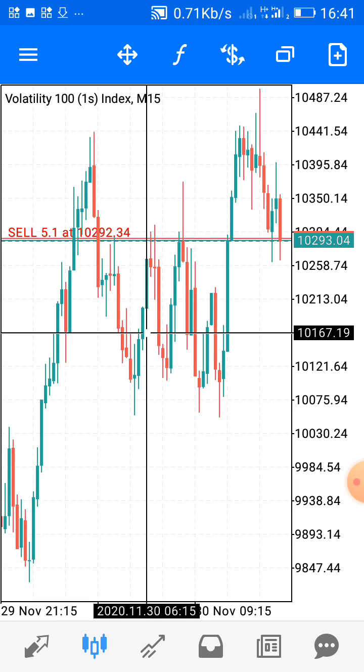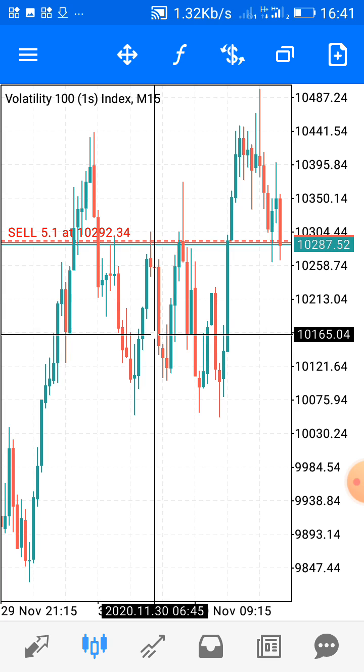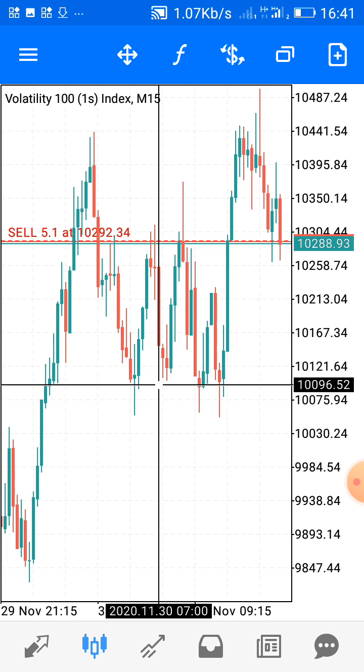So this is the point. When it happened to break the resistance at this point, it goes down to 10,165. So this is my first take profit position. When it breaks this resistance, it goes down to this point, 10,096.